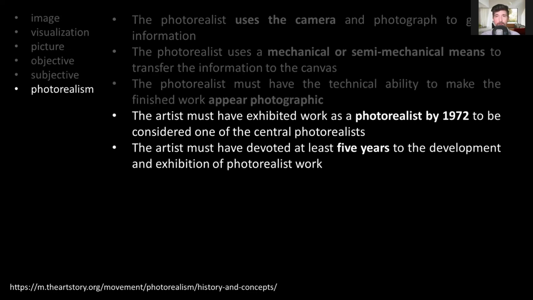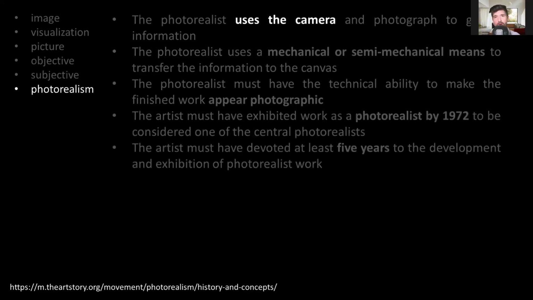The other two principles dive deeper into the exclusiveness of being part of this movement, so we can just focus on the parts that are interesting for us, which is that the basic principle is to use the camera, mechanical or semi-mechanical means, and to make something appear photographic.